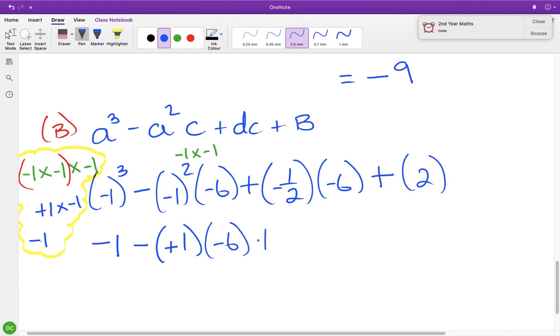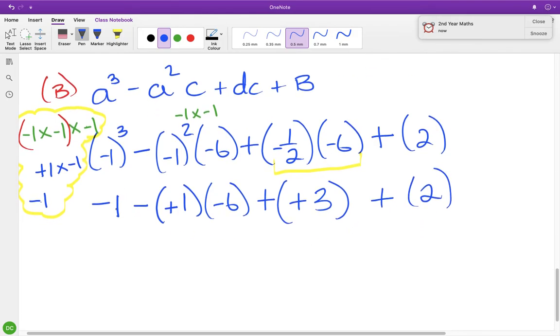Now, plus. Okay, so these two I can multiply. Alright, so I'm multiplying a minus by a minus. Those signs are the same, which means the answer is a plus. And a half multiplied by 6 is 3. And then I have my plus and my 2.